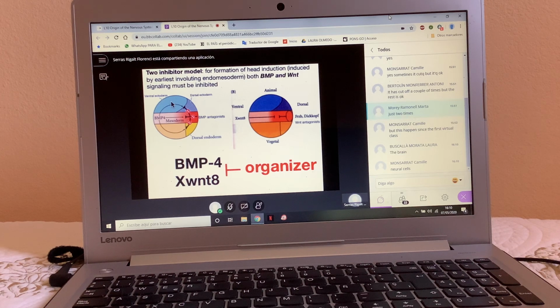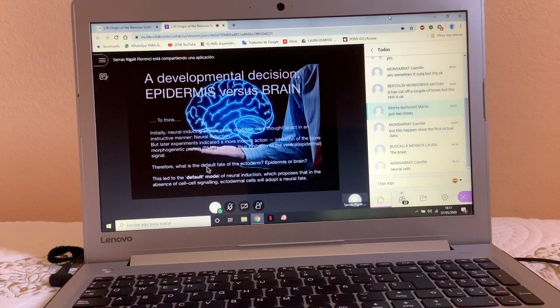It means that the default is not epidermis. And actually, those guys here, what they're doing is defending themselves from those signals.